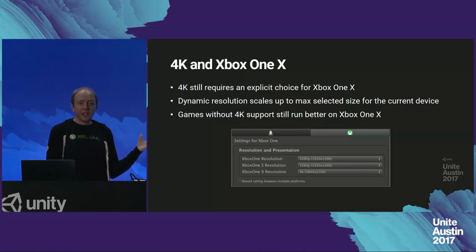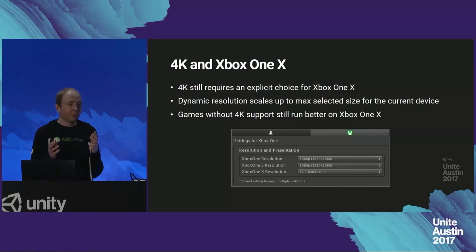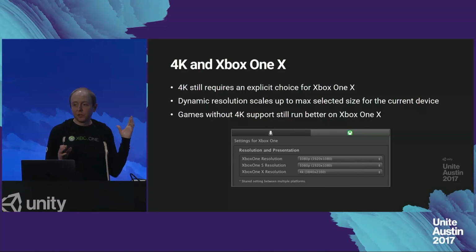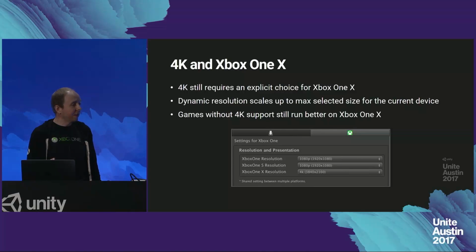If you run that game on the original Xbox One, you might find that the resolution has to scale down sometimes, just based on the complexity of the scene and the power. But that same game, without any other changes running on Xbox One X, will probably hit the full 1080p all the time, simply because it has that much more power, and dynamic resolution will automatically take advantage of the power available. So once you've implemented dynamic resolution, you don't need to do anything else to get that benefit.